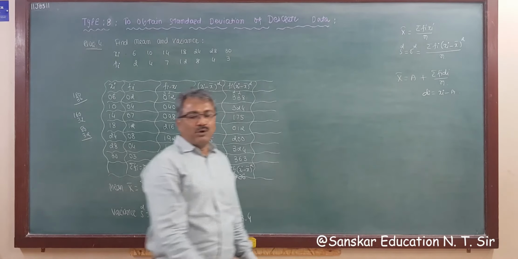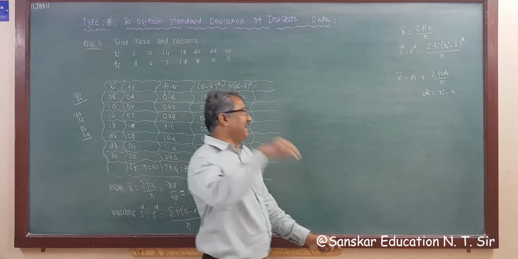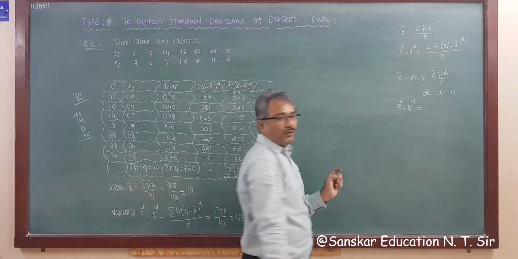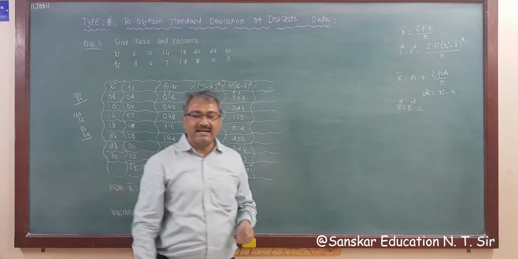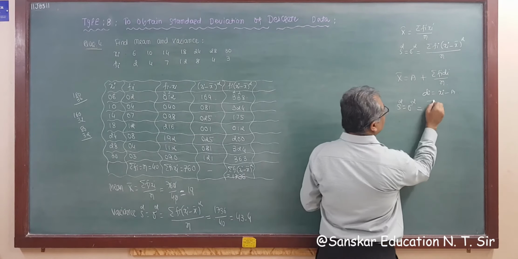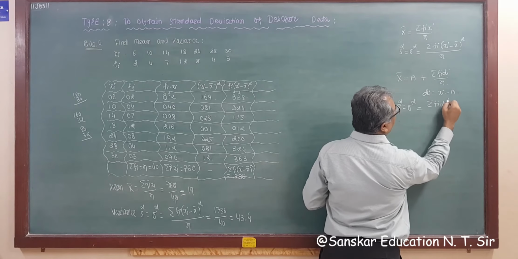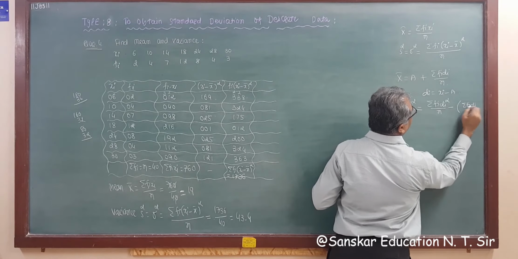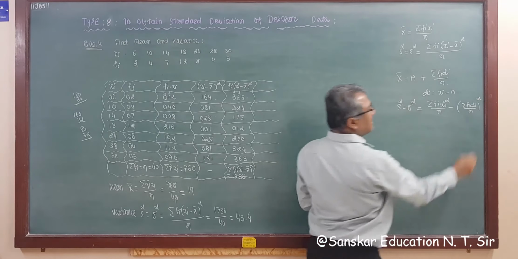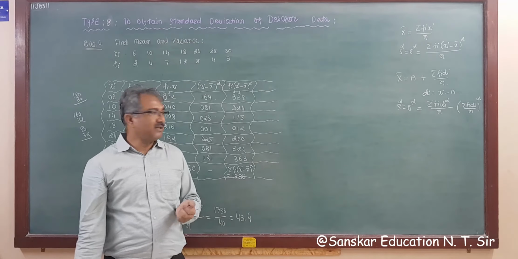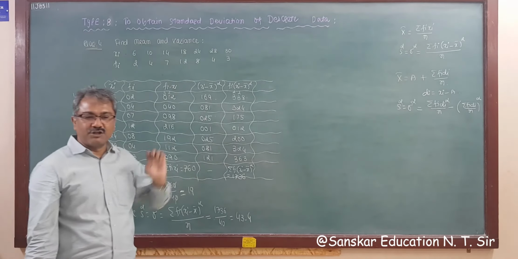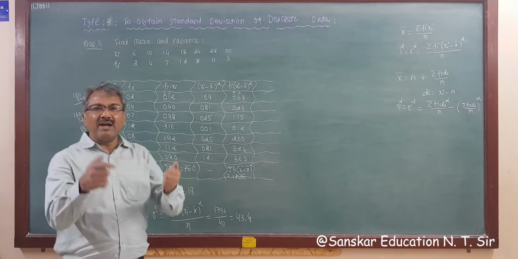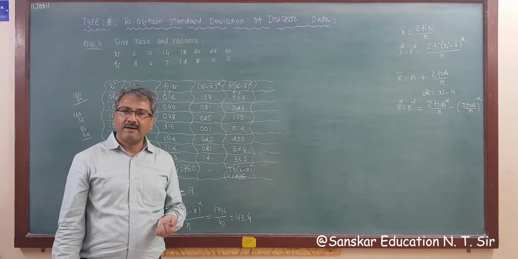And the variance S square, or sigma square, is equal to sigma fi di whole square upon n minus (sigma fi di upon n) whole square, that is, mean whole square, which you know. So now we have to assume a mean.